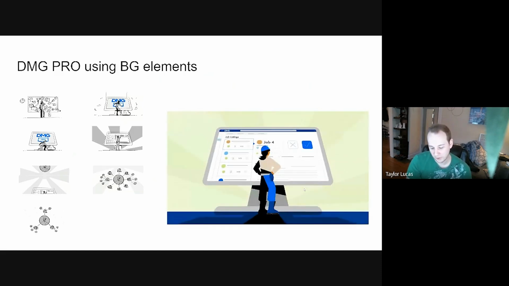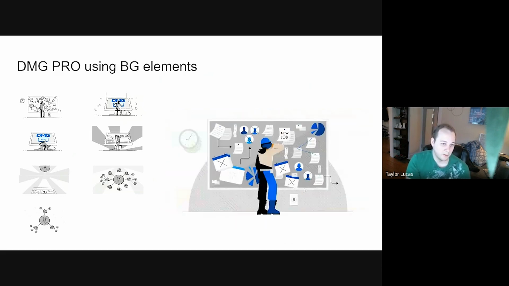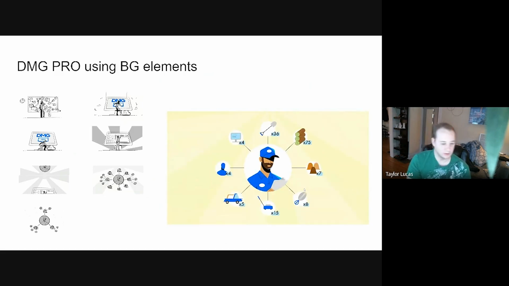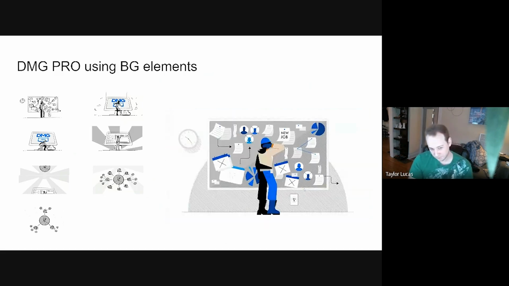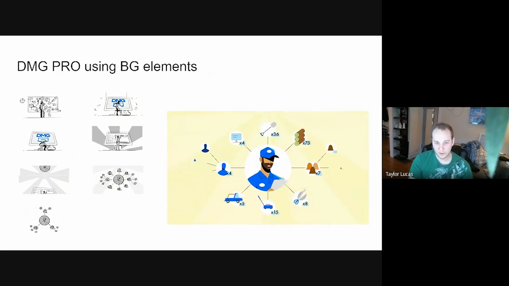That's another thing I try to do. If I put a background element on screen, I like it to have multiple uses in multiple scenes. So that was that one.